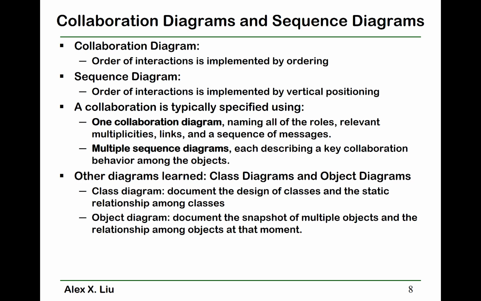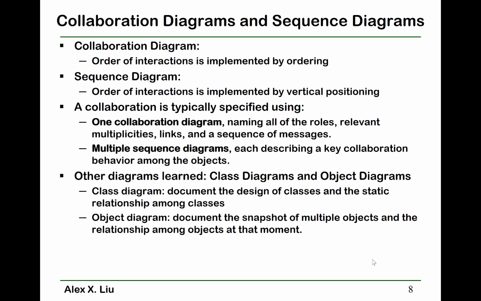And there are other diagrams that we have learned, for example, class diagrams and object diagrams. The class diagram basically documents the design of the classes and the static relationship among the objects, right?